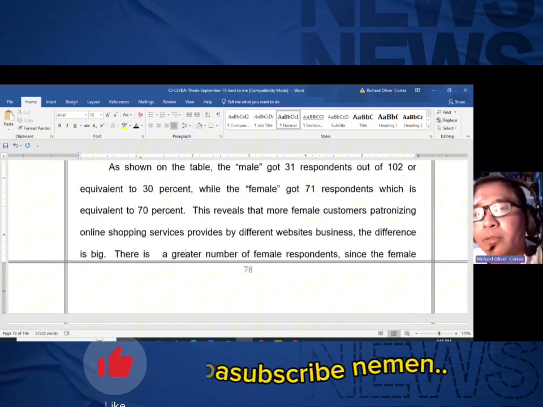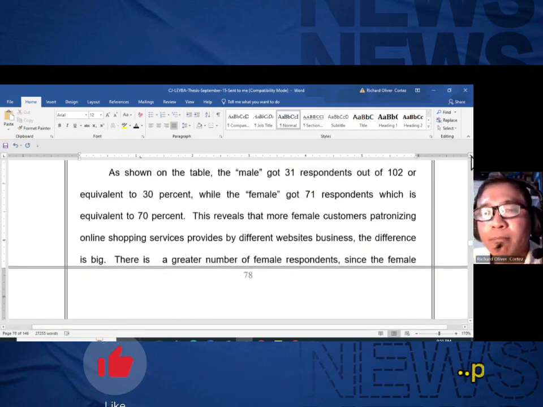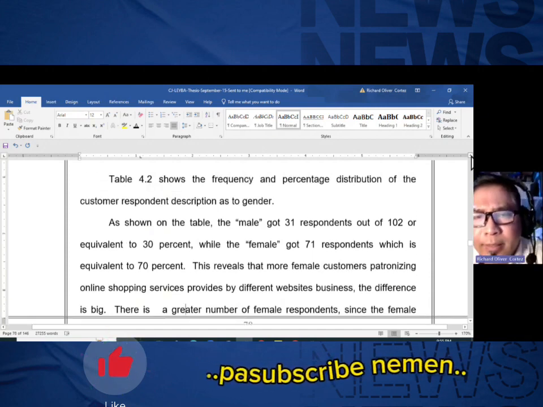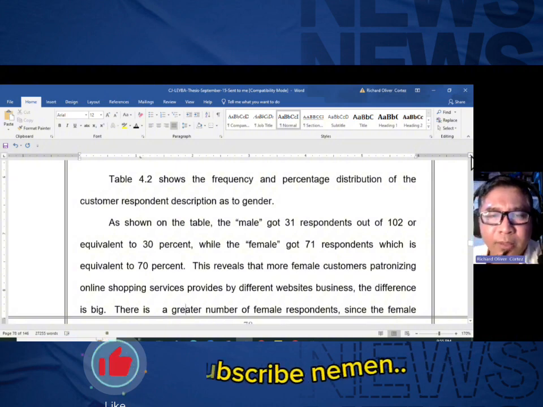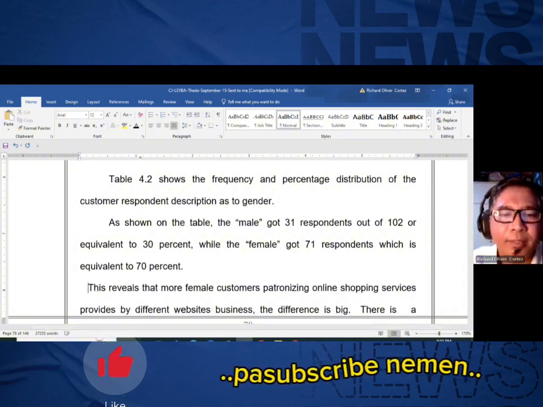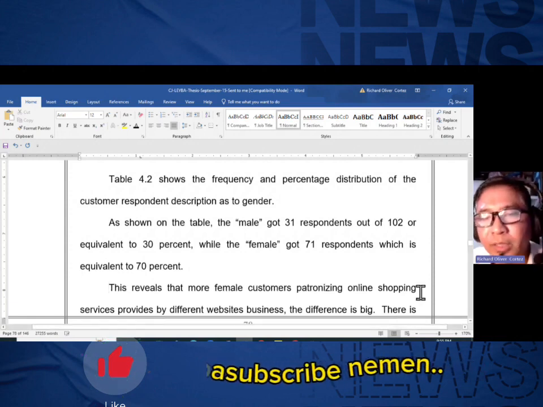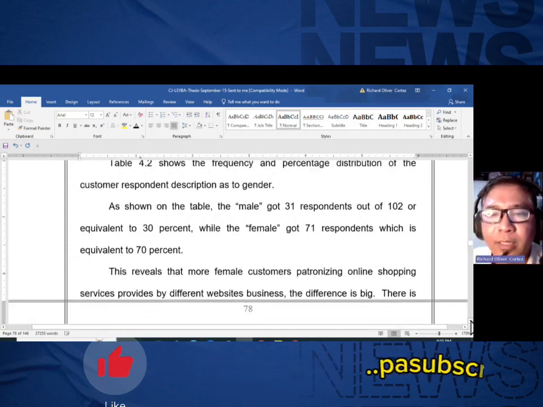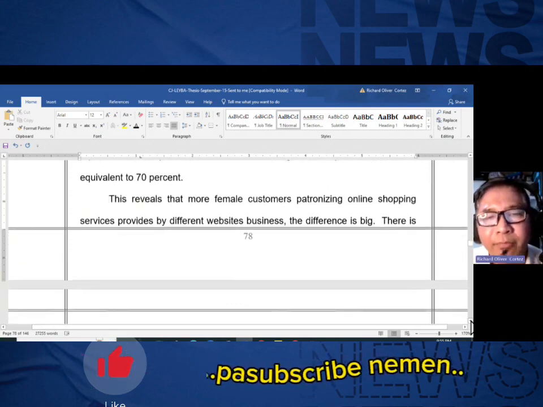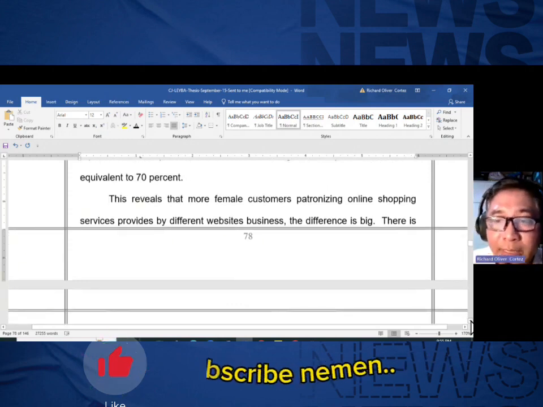Why are there more females than males? Okay, the female got 71. So this reveals, this is its discussion, that more female customers are patronizing online shopping services provided by different websites.